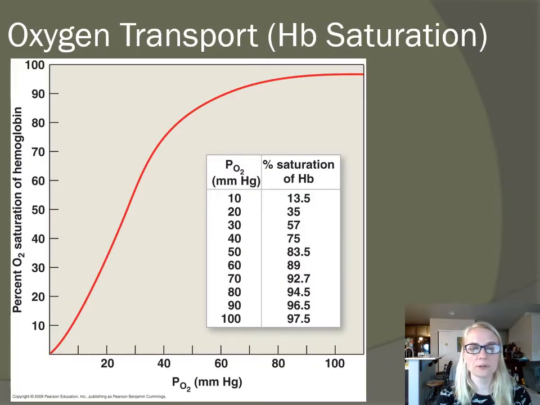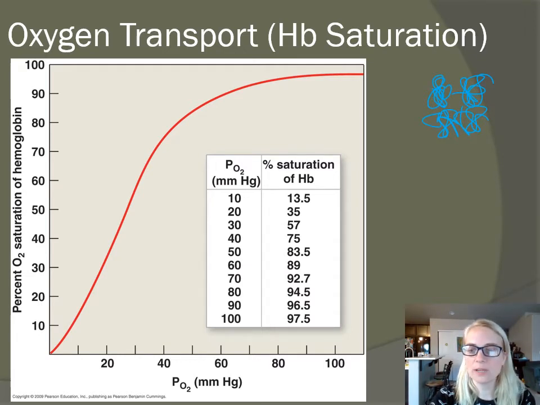All right, so first looking at oxygen transport, this is what's called the hemoglobin saturation curve. In this diagram, you'll see the relationship between the partial pressure of oxygen and what percent the hemoglobin is saturated. If you remember from the blood chapter, hemoglobin is a 4-part tertiary protein. It's a really bad drawing of hemoglobin.